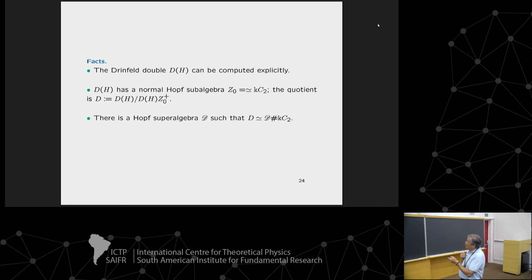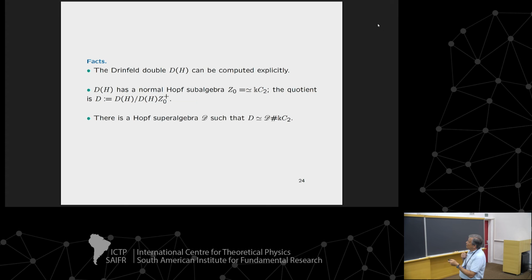The first fact is that the Drinfeld double can be computed explicitly. This is not surprising. When you compute the Drinfeld double, you have too many group-likes of order 2.